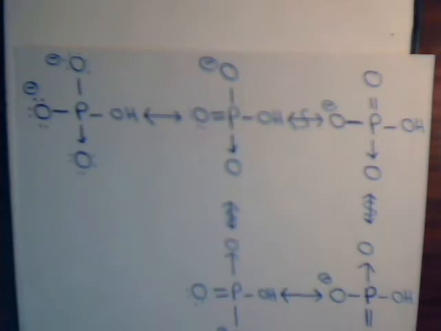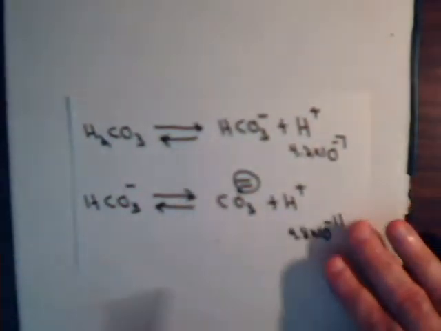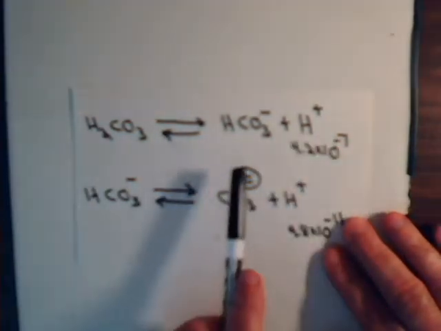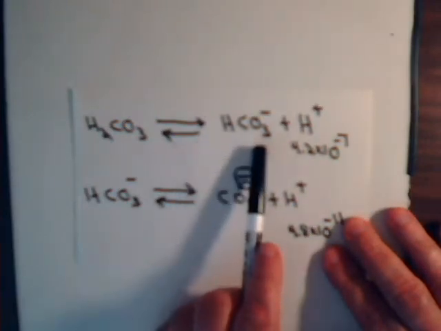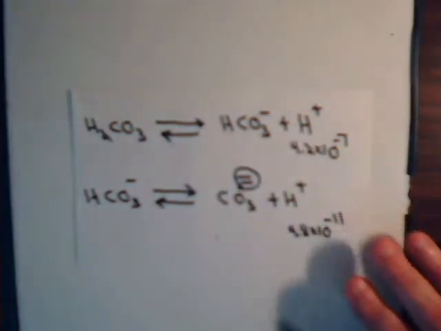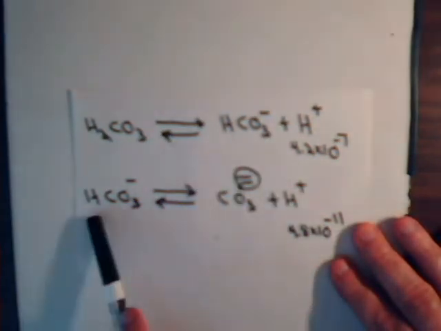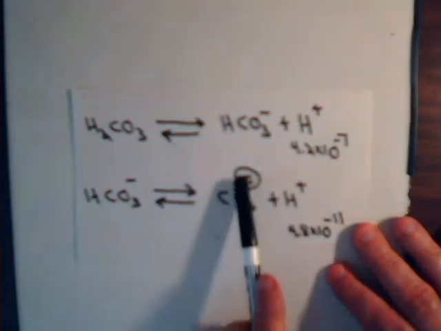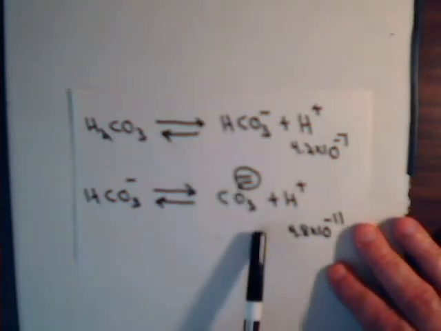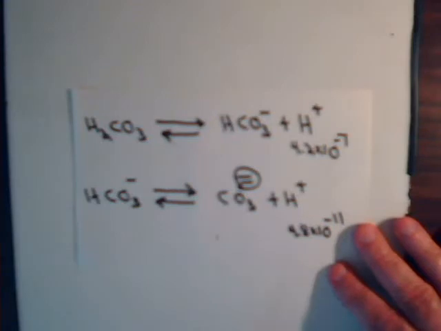Now, if you remember, back from, I think it was video number 13, we talked about carbonic acid, where it can lose a proton to form this anion, and that anion has a pretty decent resonance stabilization. But now, if this anion loses a proton to form this anion with a double charge, this has a very strong resonance system. Yet this hardly happens.